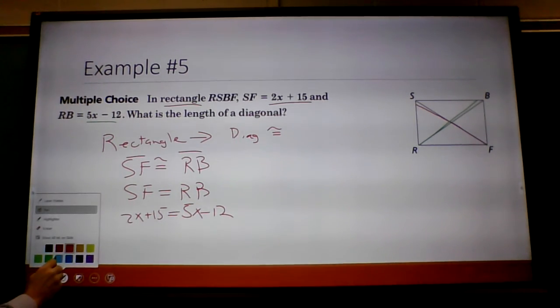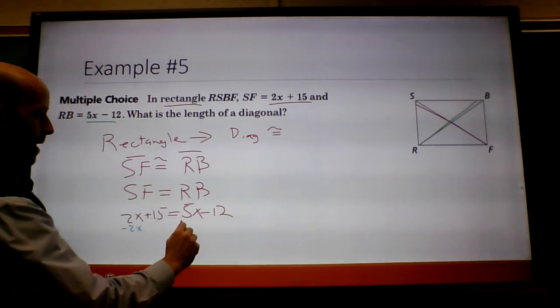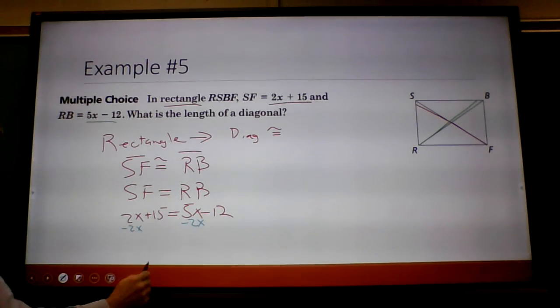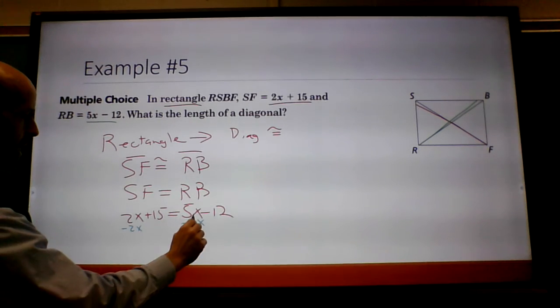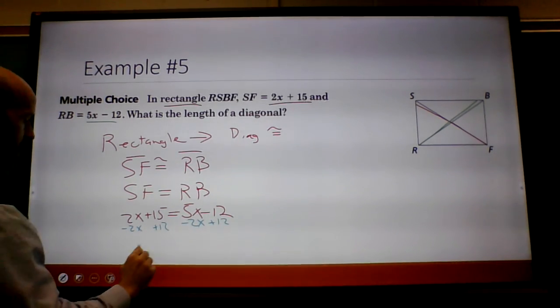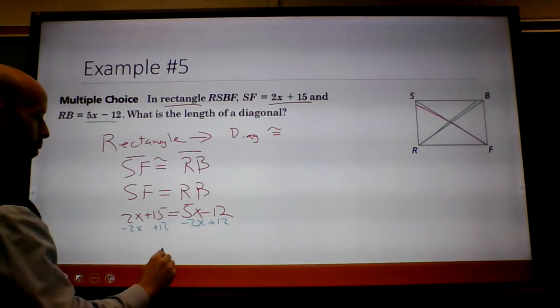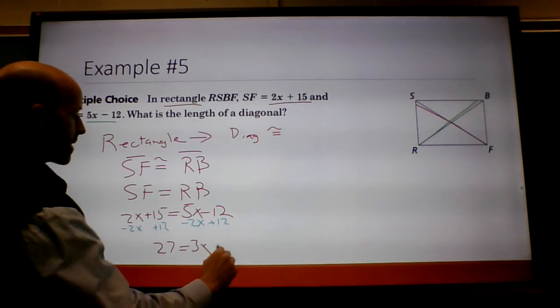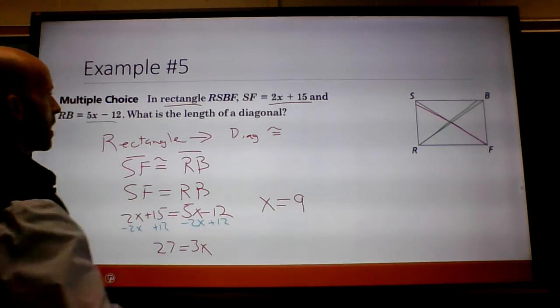And now I'm going to go ahead and solve this equation. Minus 2x, minus 2x. So I'm going to get that over here. So I'm going to plus 12 here, and I'm going to plus 12 there. That's going to give me 27 equals 3x. X is equal to 9.